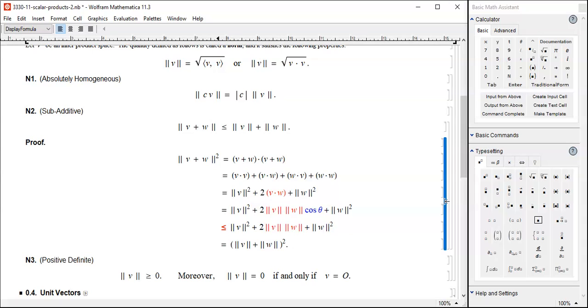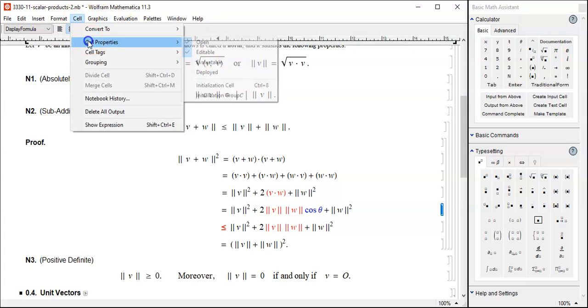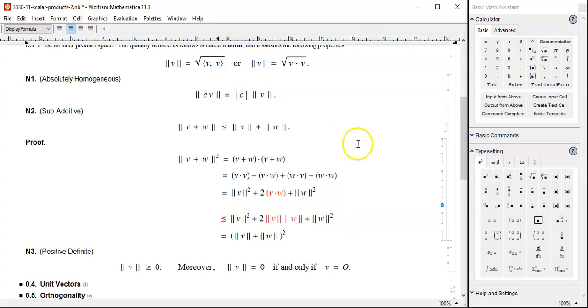And cosine of theta, of course, is always less than or equal to 1, so we have this inequality and everything works fine. The problem is, if we do not have a nice picture, if you don't have the angle, in that case this does not work out very well.